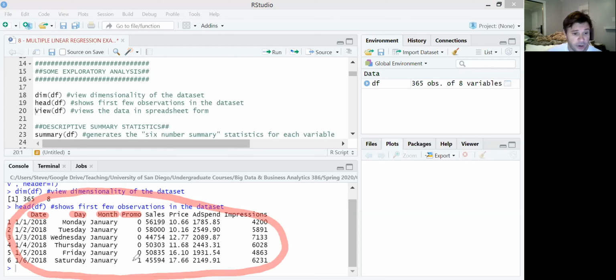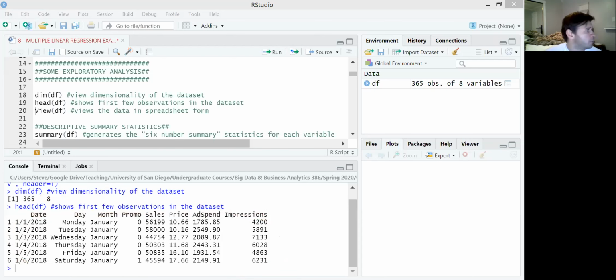So we can see here, on Saturday, January 6th, they did run a promotion. We have the quantity of sales on the given day, the price charged for the good on that given day, the amount of targeted ad spending associated with those unit sales on a given day. And in this last column is the number of social media impressions that had converted to these sales on a given day.